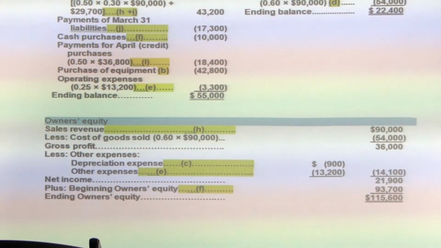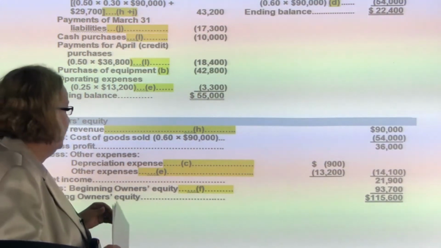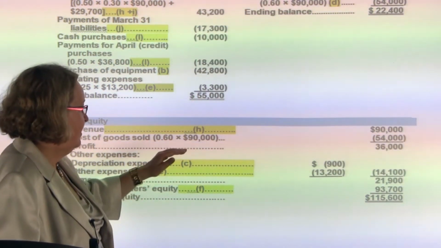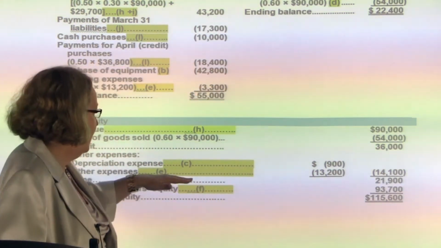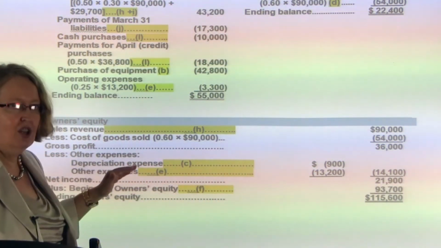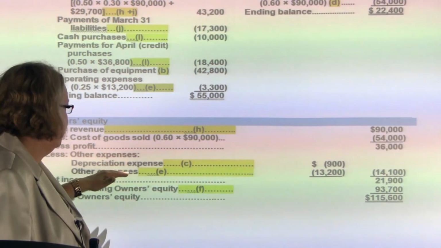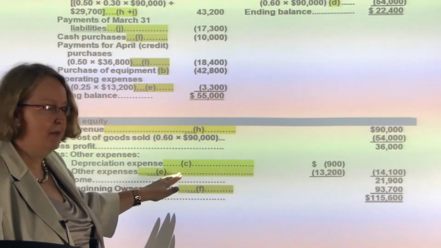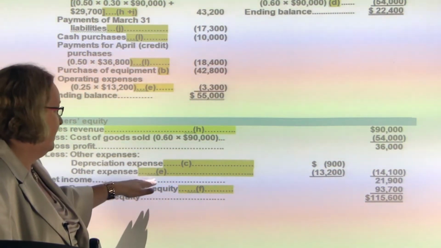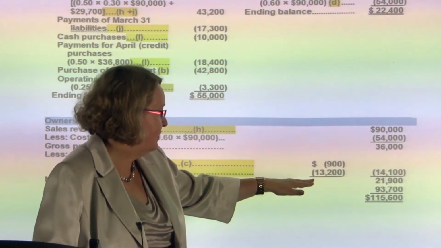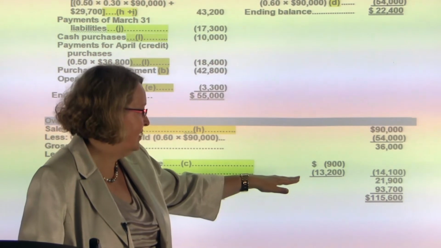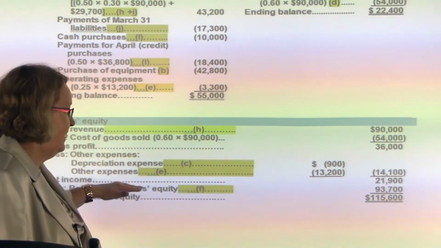With your owner's equity, you have your sales revenue less your cost of goods sold, which is going to give you your gross profit. Then you have to deduct your operating expenses. So you have your depreciation, which comes from Part C, and other expenses, Part E. Deduct that, and it comes down to $21,900, which is your net income.